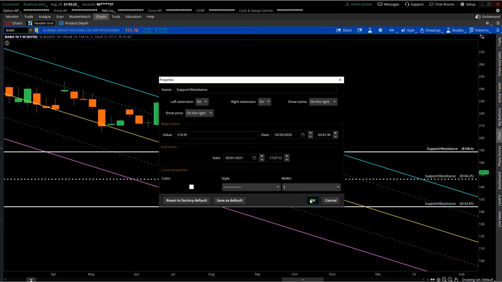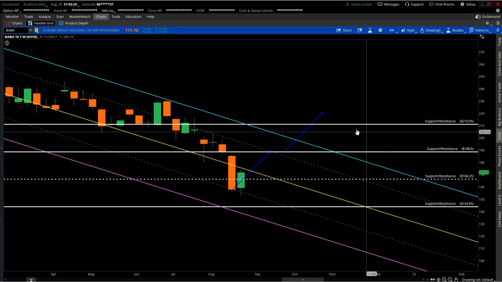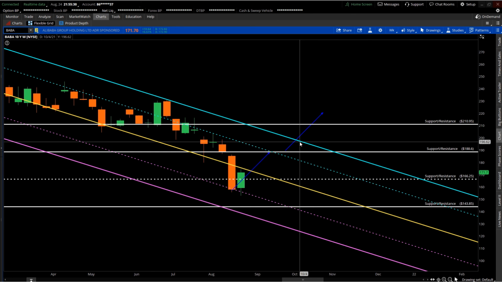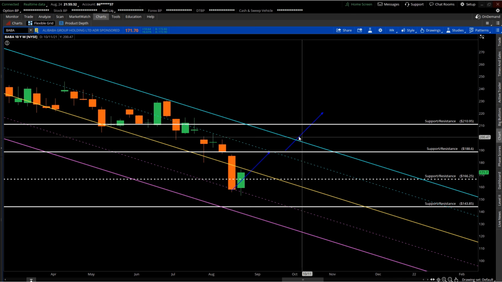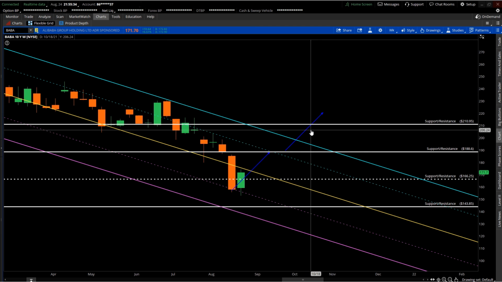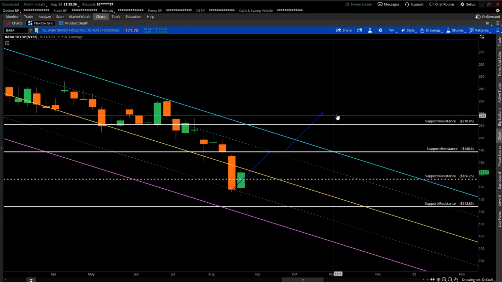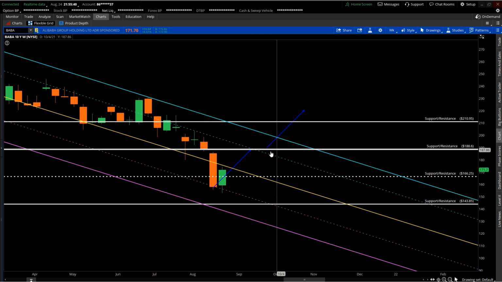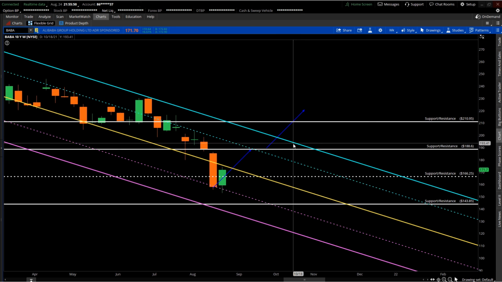So this would be the highest point where price would get to after breaking 1, 2 support resistance levels. Breaking a third one, I'm not going to be too confident with that. So either price gets rejected here in Q4, or it gets rejected here also in late Q4 2021.